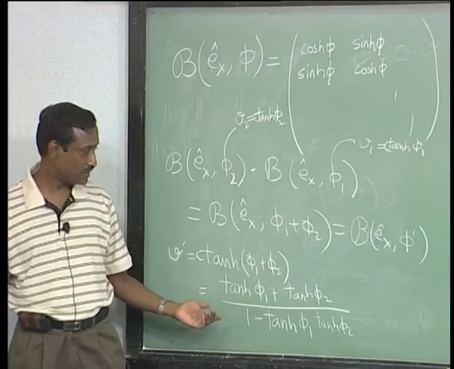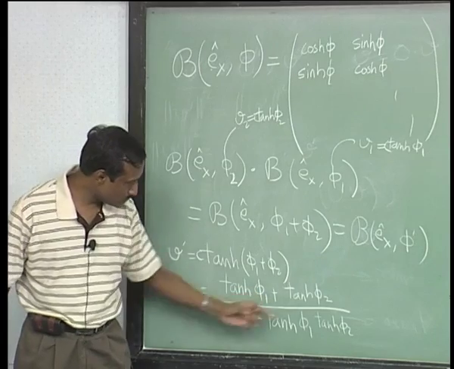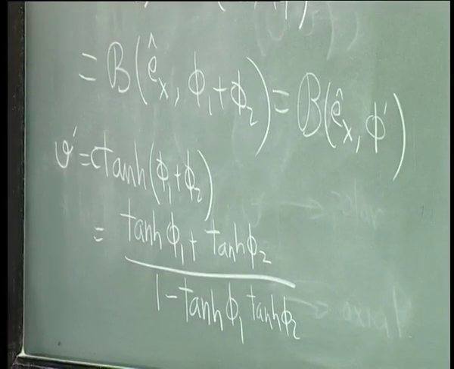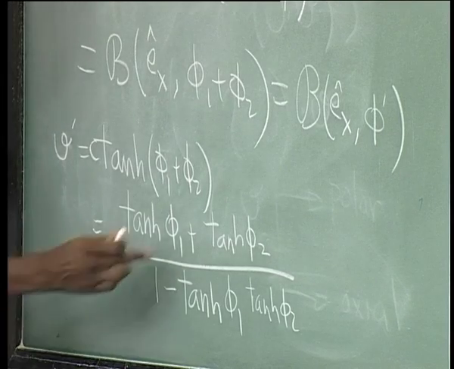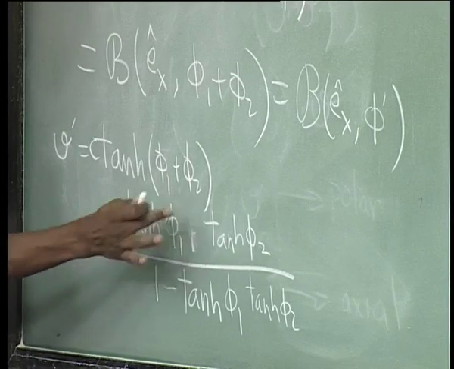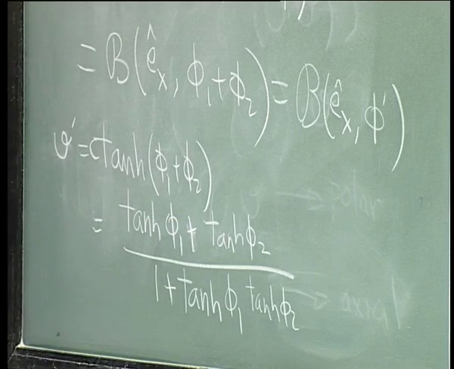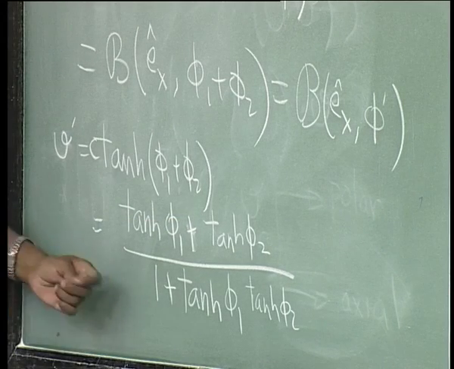In principle, if one of the tanh's becomes 1, then this should also become 1. So that tells me that there is a sign error, this should also be plus. I was using that to check things.